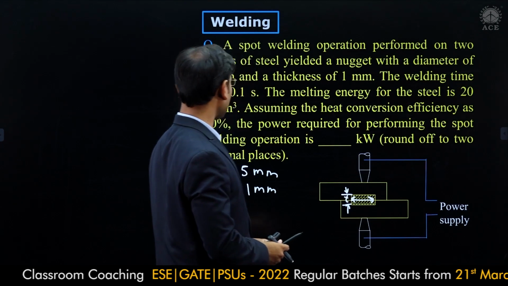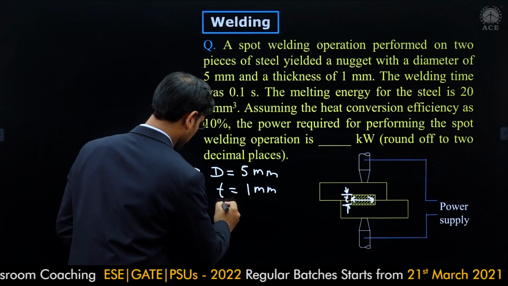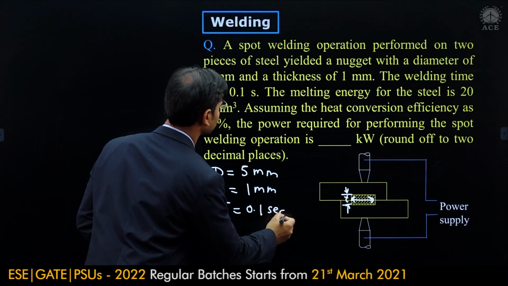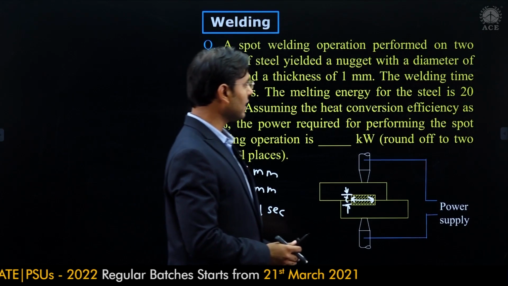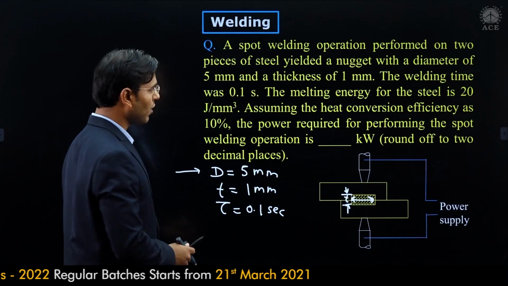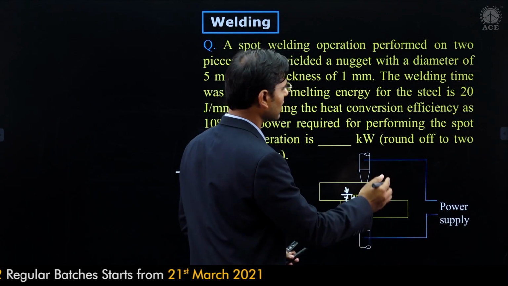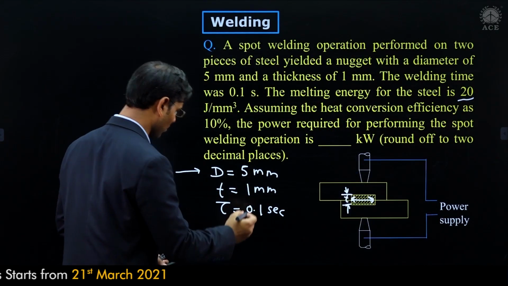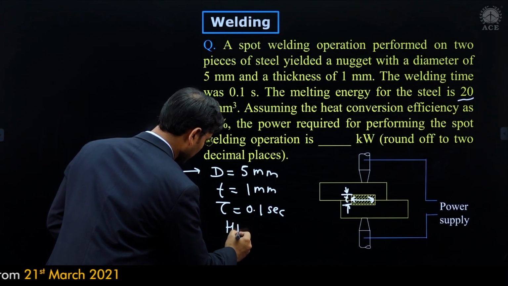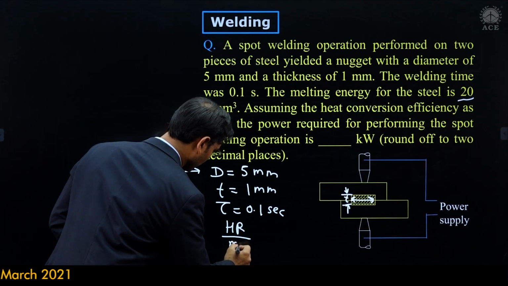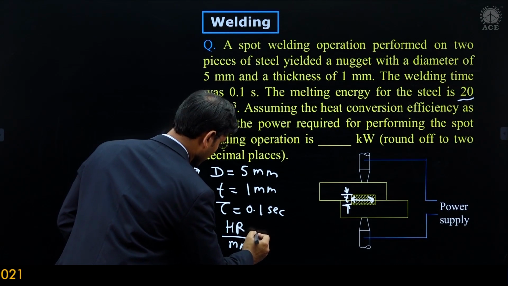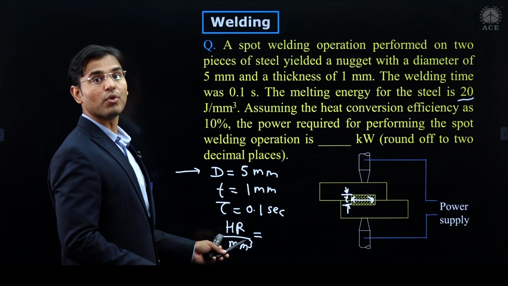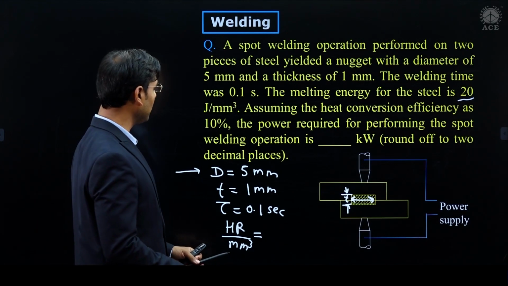The welding time was 0.1 second, that is tau is 0.1 second. The melting energy for steel, a very important term, is given as 20 joule per millimeter cube. It means the heat required per unit volume, because the unit of volume is millimeter cube.